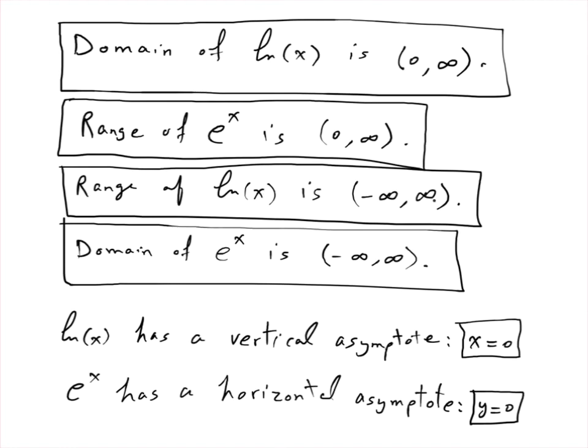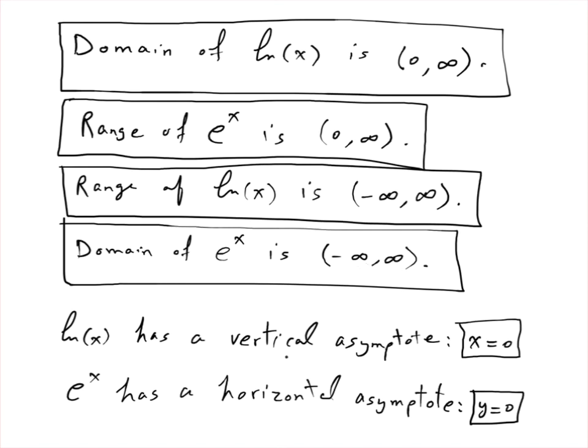So the range of ln is negative infinity to infinity. Domain of e to the x is negative infinity to infinity. So those two are the same. Because e to the x is defined for any real number x. That's why its domain is negative infinity to infinity.